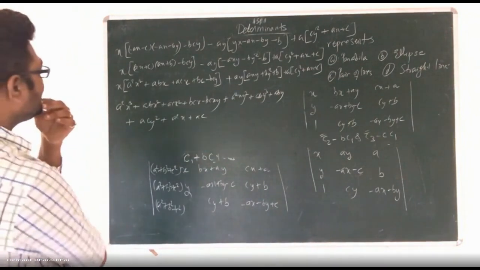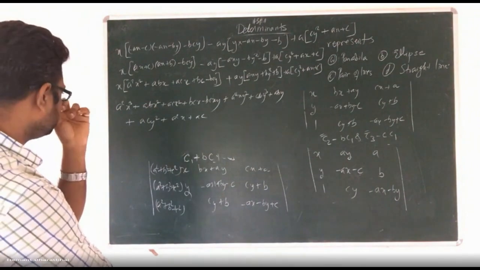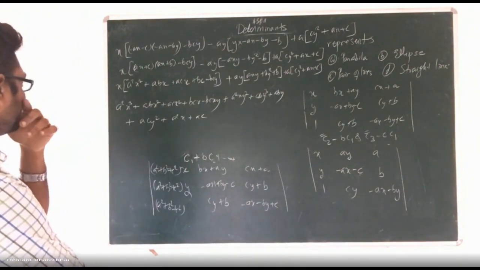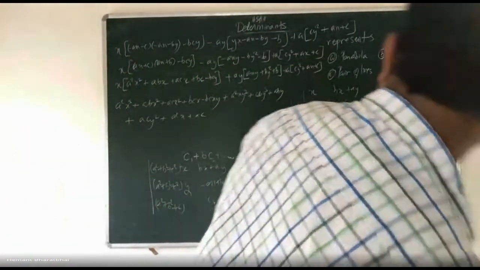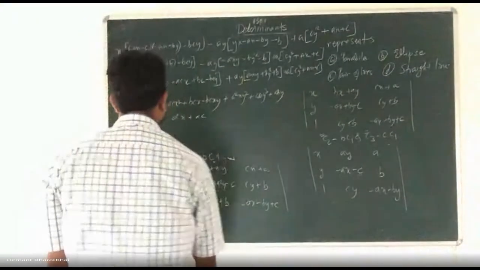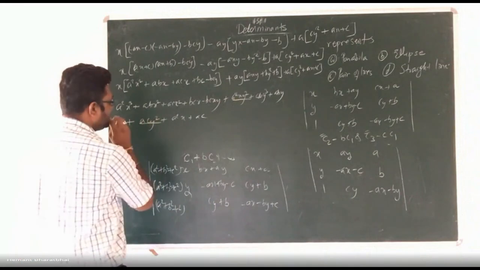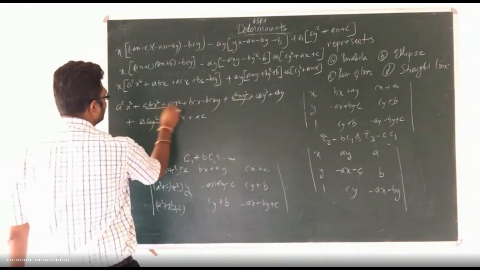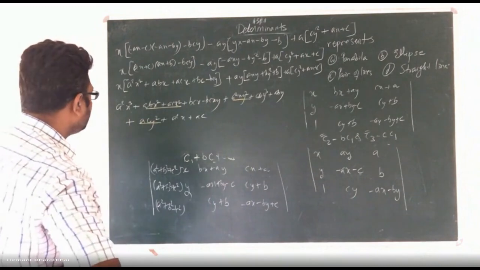So nothing seems to get cancelled out over here. From somewhere can we take anything common? That we will have to see. Here I have y square and y square terms. Here I have x square and x square terms.